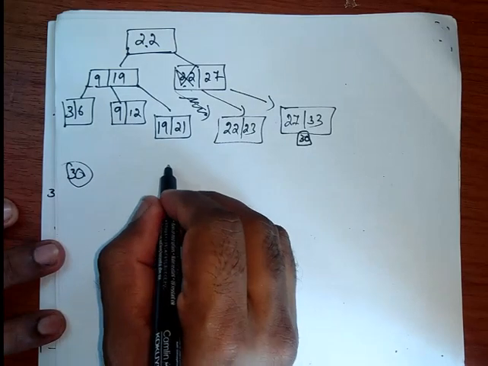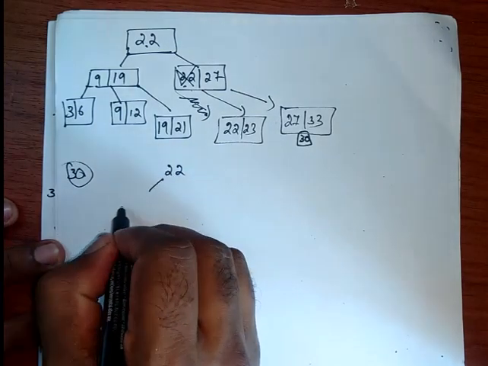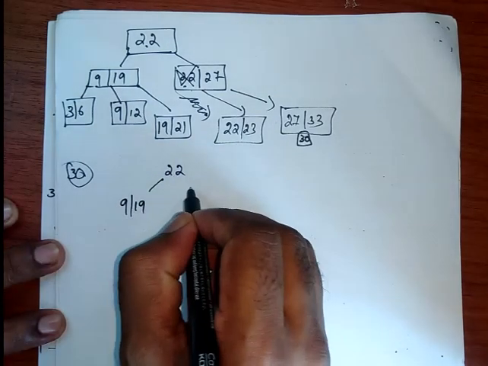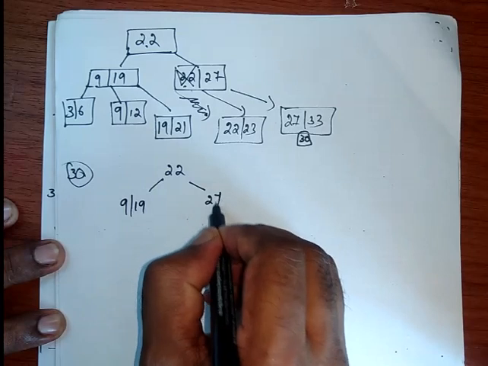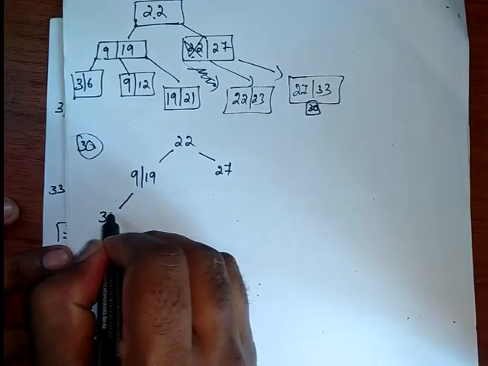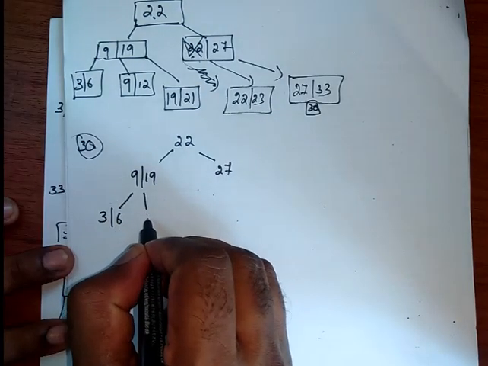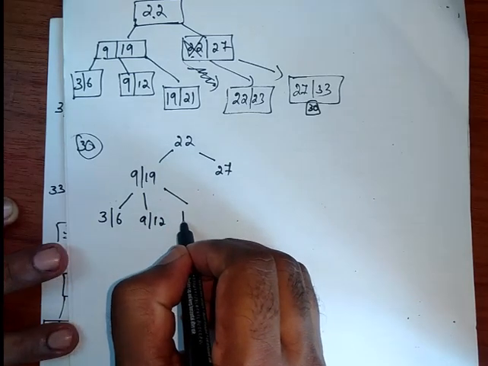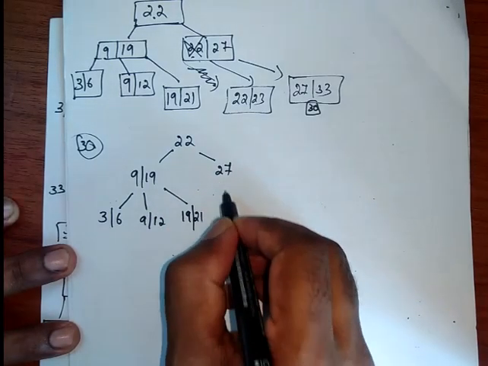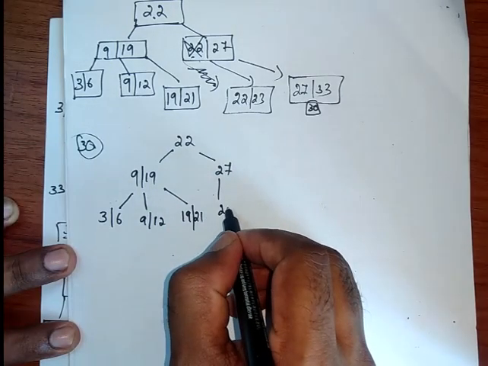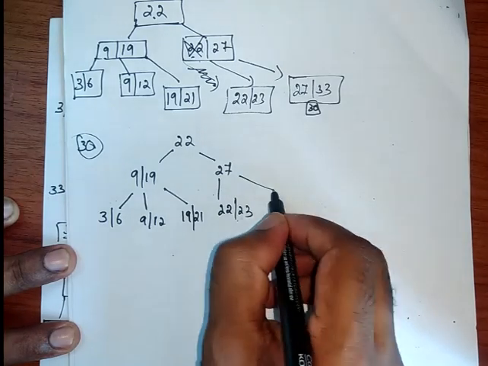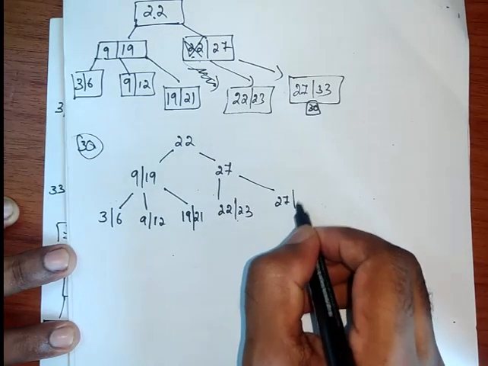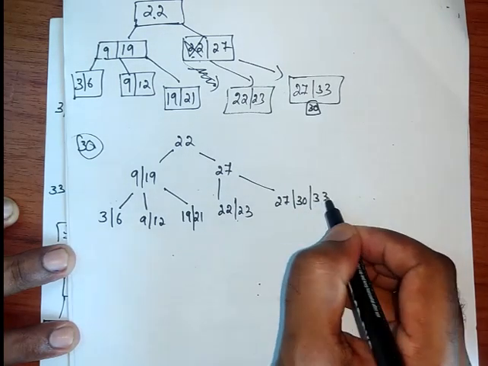So we can redraw the figure: 22, 9, 19, 27, then 3 and 6, then 9, 12. We have to complete those round rectangles. Then 22 and 23, and then comes 27, 30 and 33.